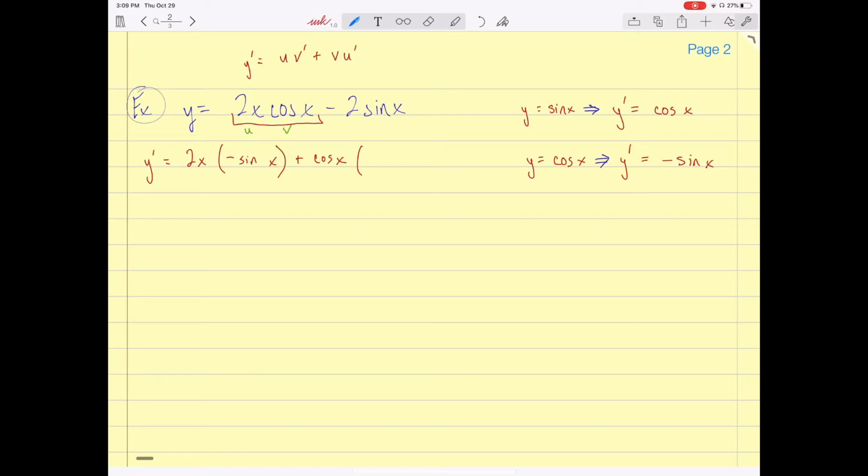The derivative of 2x is 2. And so that is our one application of the product rule, and then we have this minus 2 sine x at the end. So sometimes you have to use the product rule inside of another function like that. So we just used it once on one part of it. And then we simplify.